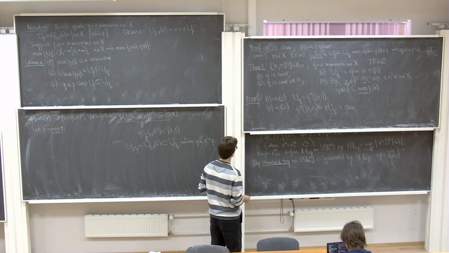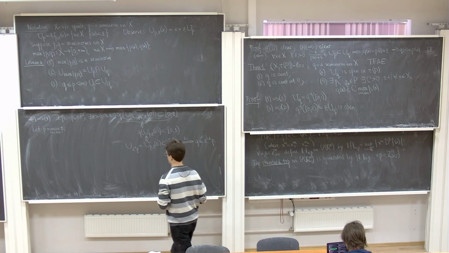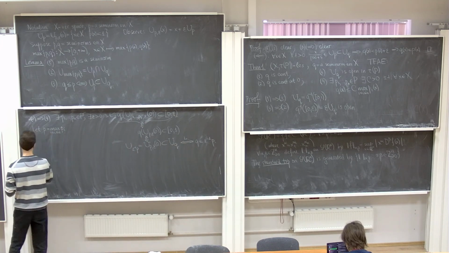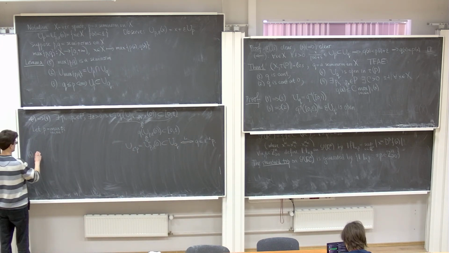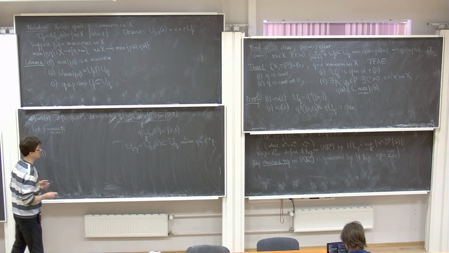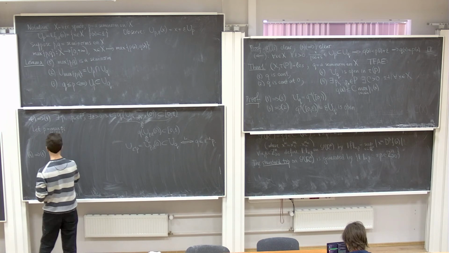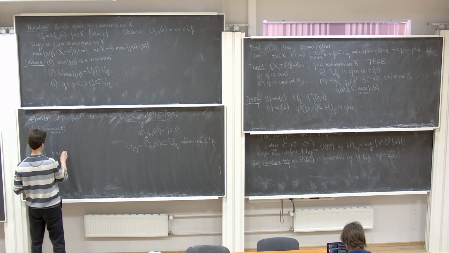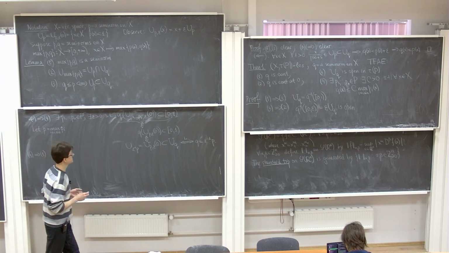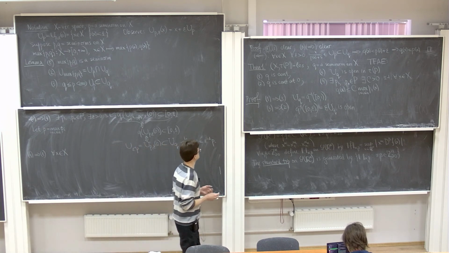Okay. Finally, we have to show that 4 implies 1. So we take a point, a little x, in our space. So we want to show that Q is continuous at x.